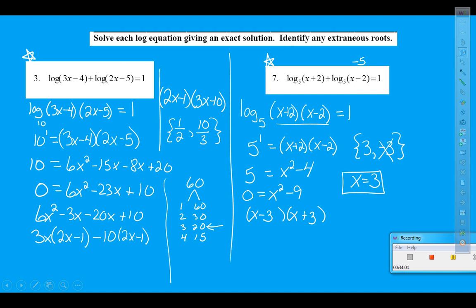I need to check for any extraneous solutions. Well, if I plug in 1/2 up here, 3 times 1/2 is 1.5, minus 4 is negative. Right away I know I can't use that. The 10/3 works in both of them, so my only answer, x equals 10/3.